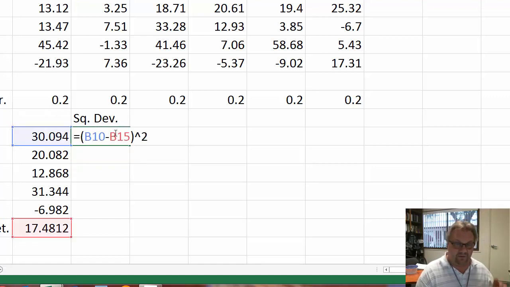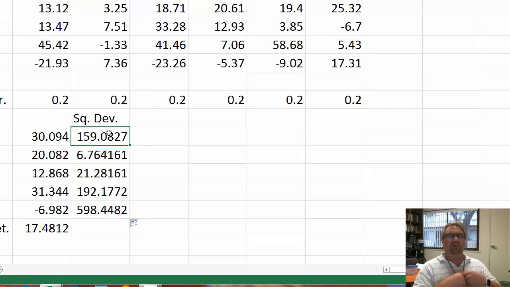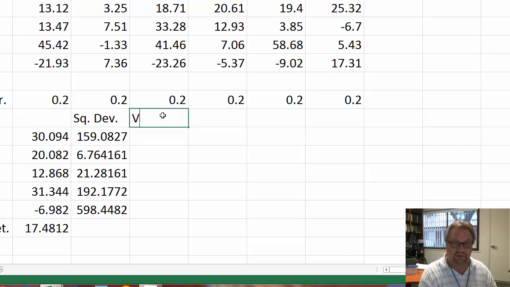And let me anchor the expected return, okay? So here are all of my squared deviations for my various returns. Now remember, if I sum those squared deviations and then divide by the number of observations, that's going to give me my variance, all right? So that's what I'm looking for. That would be the variance of my portfolio.